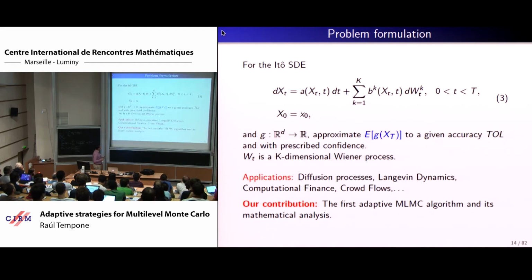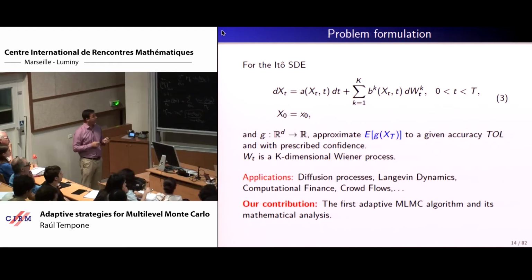I'm not going to stop, and I'm going directly into the problem formulation. The problem formulation is an SDE. If you have not seen it before, it's not a problem because you can think of this discretization via Euler-Maruyama. That is coming just in a second. So x is something that is finite dimensional now. It's not a function as in the first example.